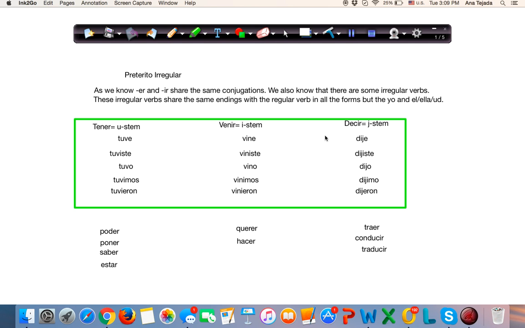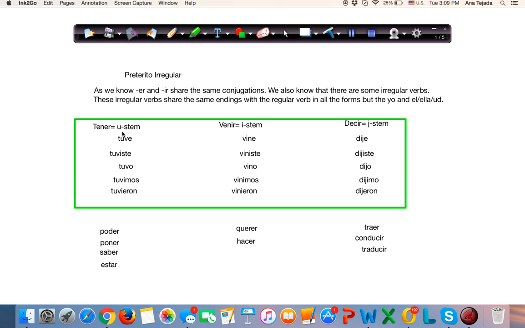So as you can tell here in the table, we have the verbs tener, venir, and decir. Tener is to have, venir is to come, and decir is to tell. Muy bien. So here I have written basically what the rule is.